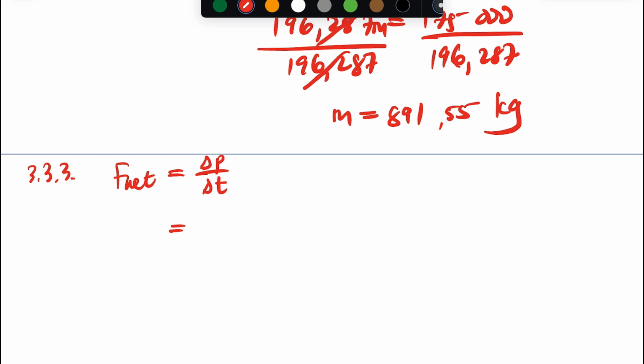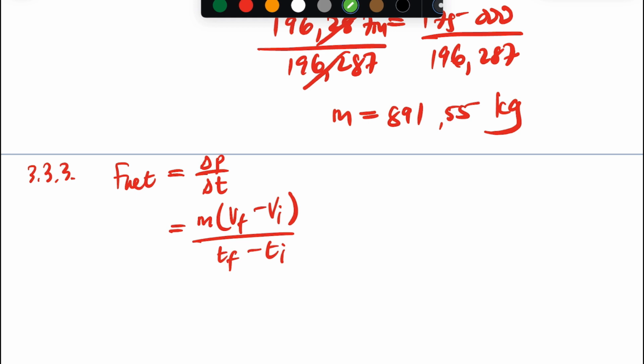So now we're going to do the change in momentum. Change in momentum is V final minus V initial, over T final minus T initial. Now we're going to use the mass of car P.